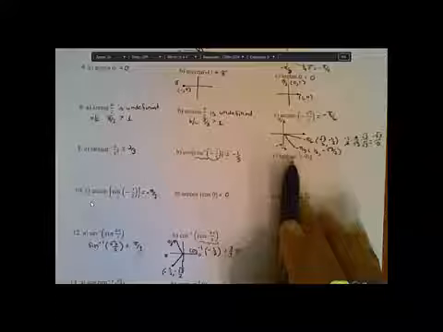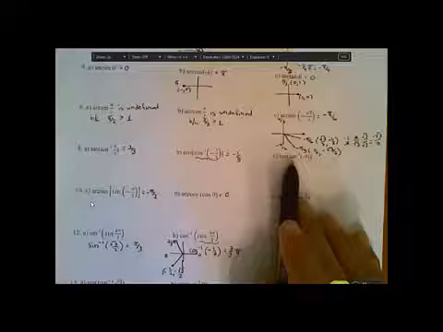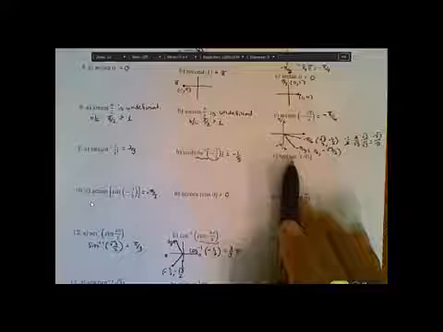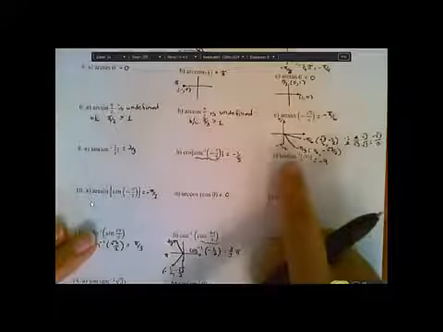What could I take the inverse tangent of? We said a minute ago we can take inverse tangent of all real numbers. So tangent of inverse tangent of negative 9 is negative 9, because negative 9 is a number that I can take the inverse tangent of.